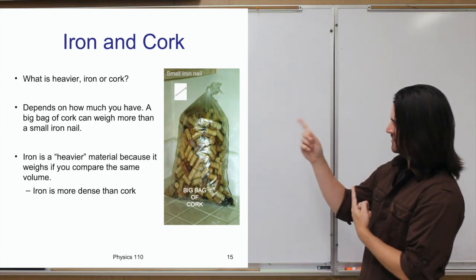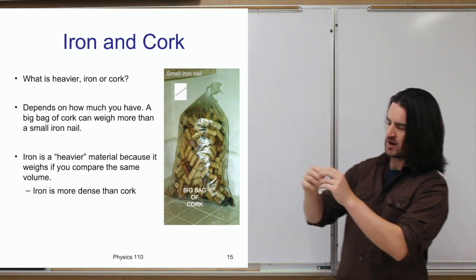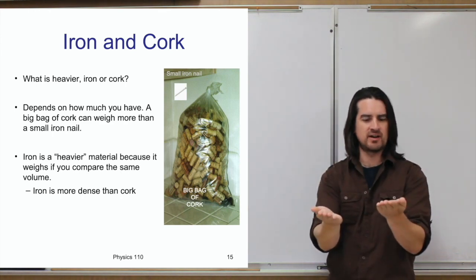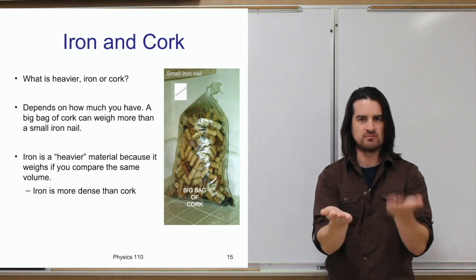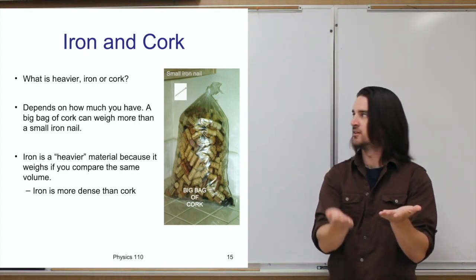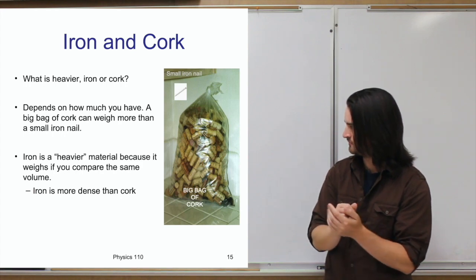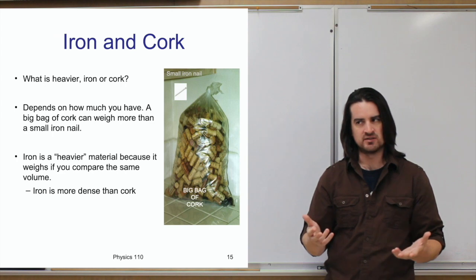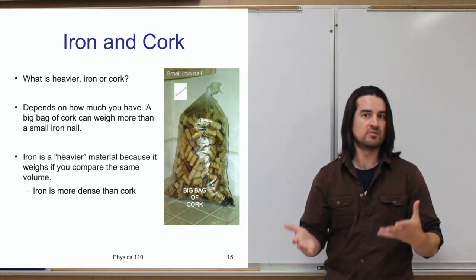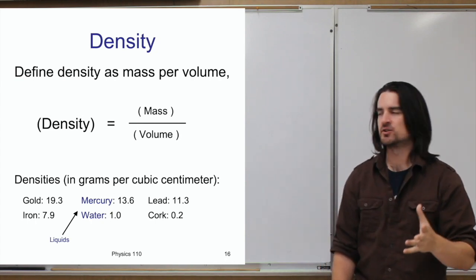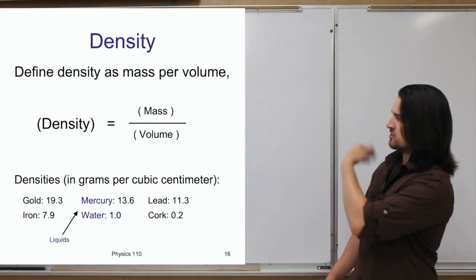For instance, if you have that small nail and then somehow whittled one of those corks down to the same size as that nail, then we could compare apples to apples, the same volume of each, and the nail would be heavier. So the nail is more dense, iron is a more dense material. So it turns out when we're talking about solids, this property of density is fairly fundamental. So density of a material is, well, this is the equation.